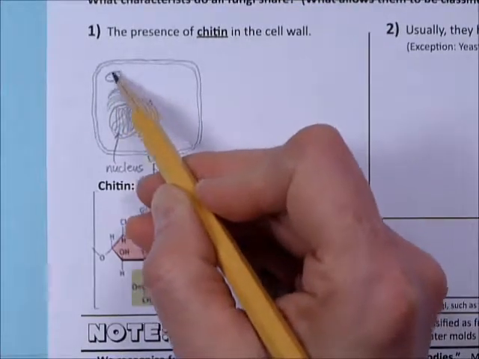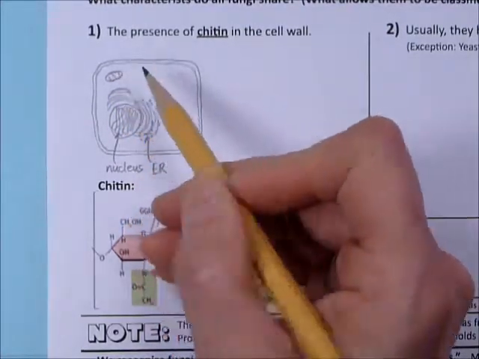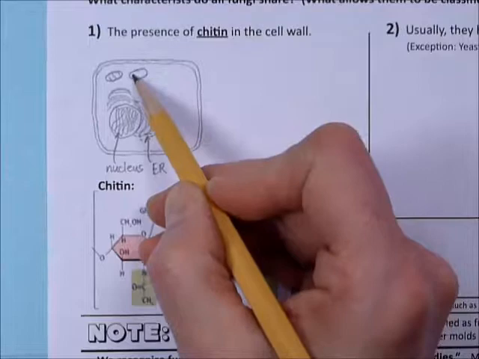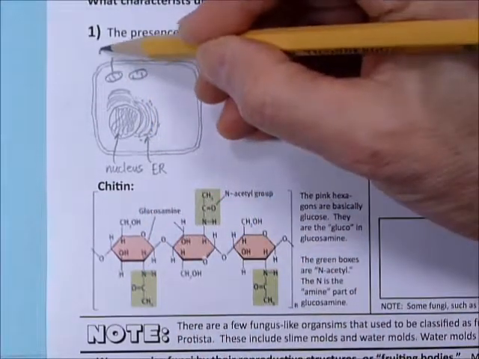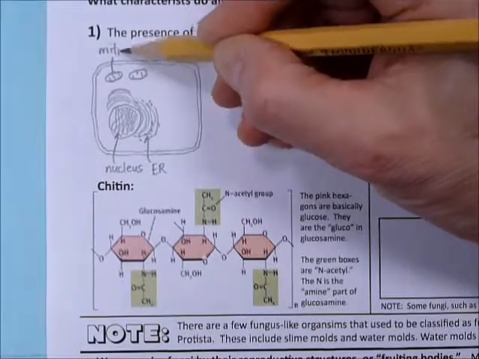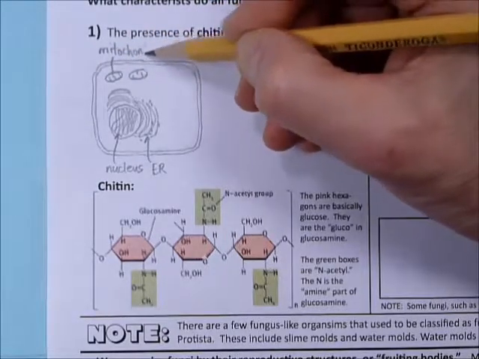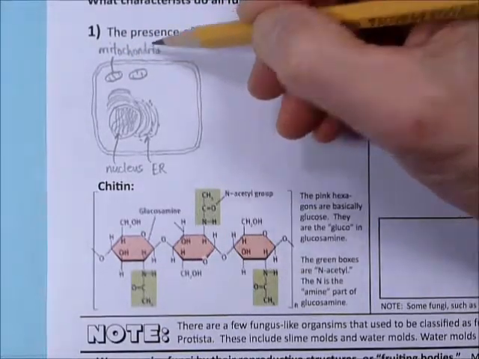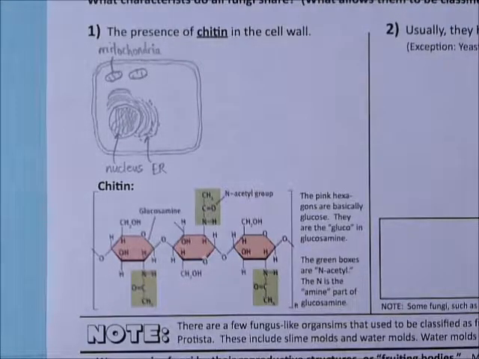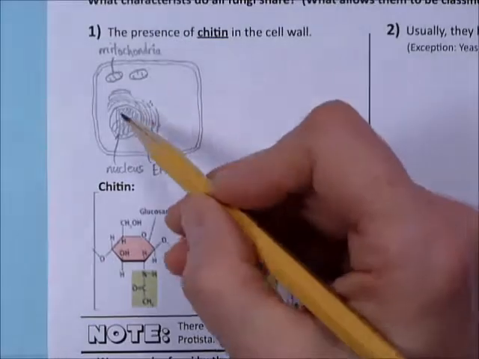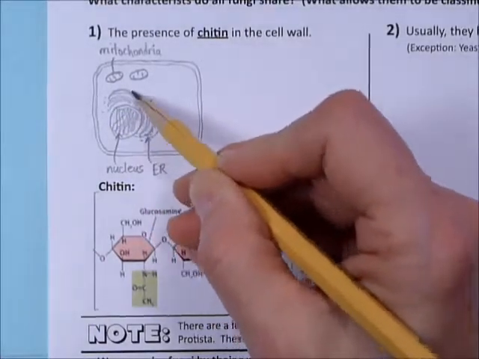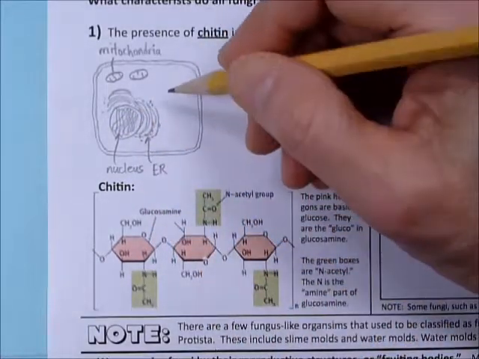So up here, let's put in some mitochondria. One mitochondrion, two mitochondria. So let's label this mitochondria. And they like to call these the powerhouses of the cell. These help generate energy. And let's put in some Golgi bodies.